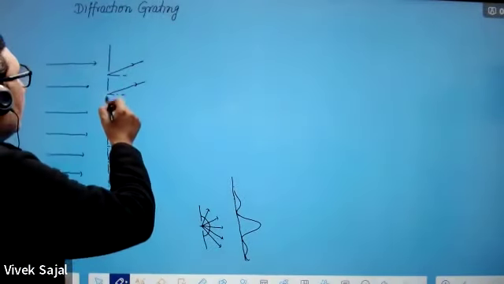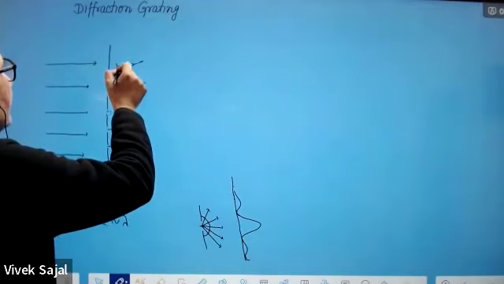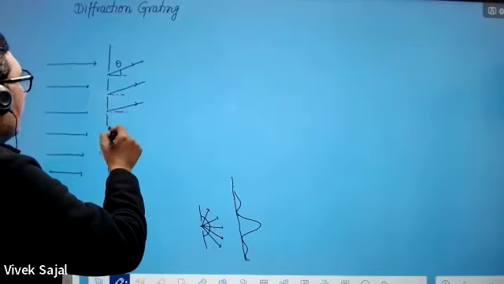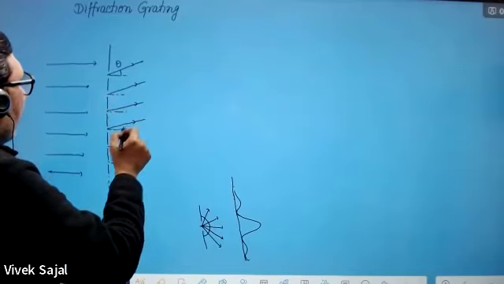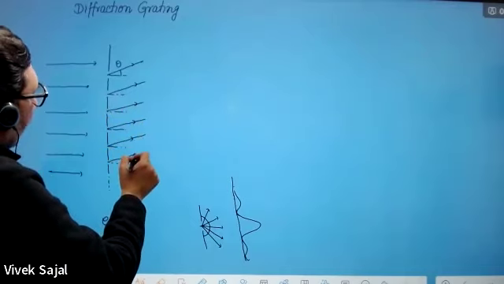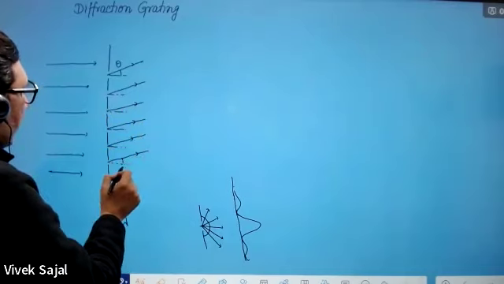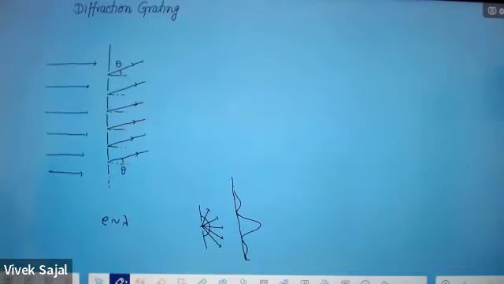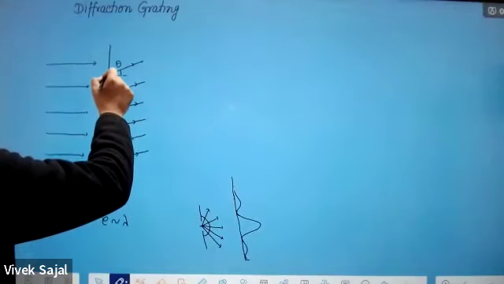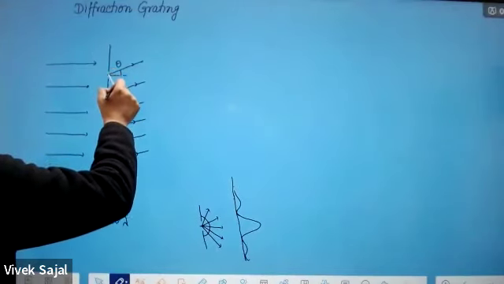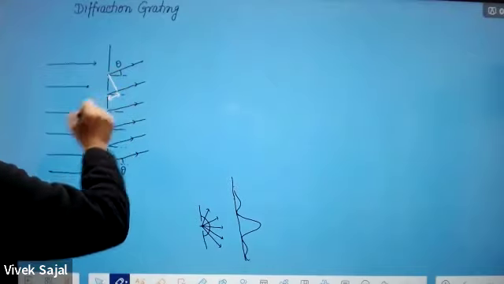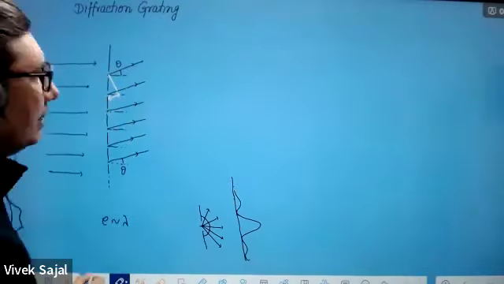So what I do, I choose a particular angle theta. I choose the part of light from all the slits which are moving parallel to each other and traveling at an angle theta. What will be the successive path difference between two? You have to draw a perpendicular, and this will be the path difference. This path difference will be e plus d sine theta.